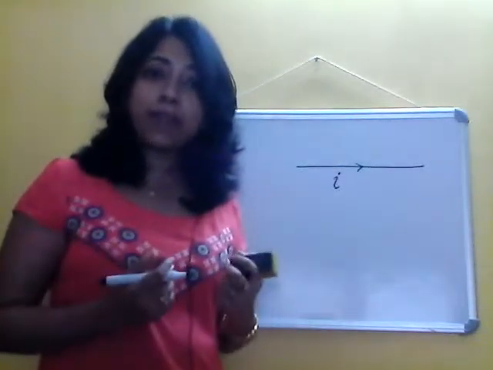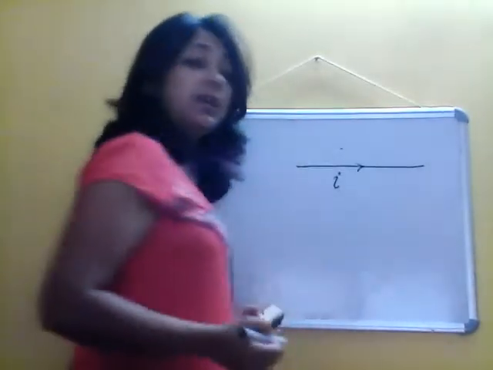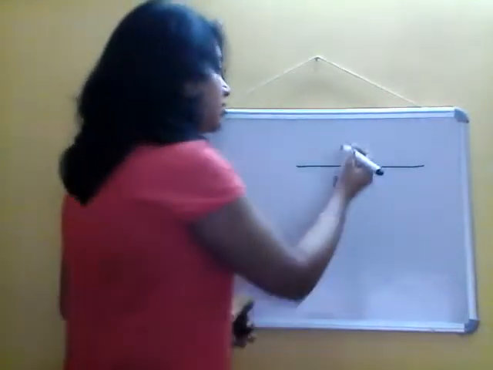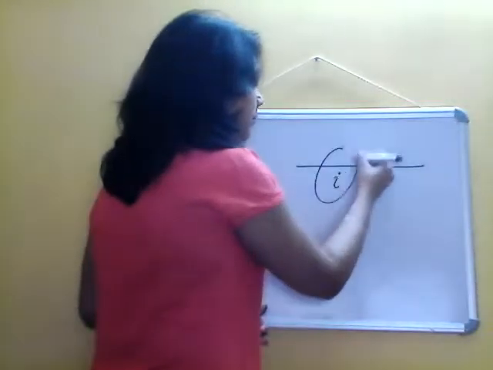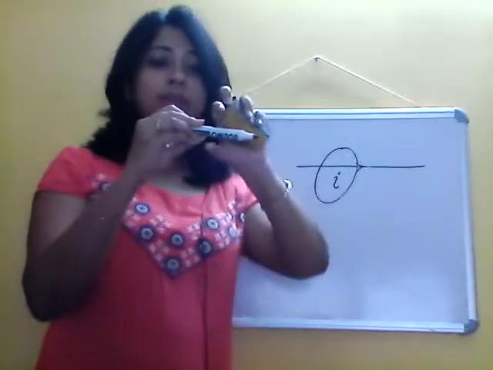And how much will be the magnetic field? If I want to know what is the magnetic field at, say, this point, then what I can do is construct a closed loop across this point. So suppose this is my wire, the loop will be like this.